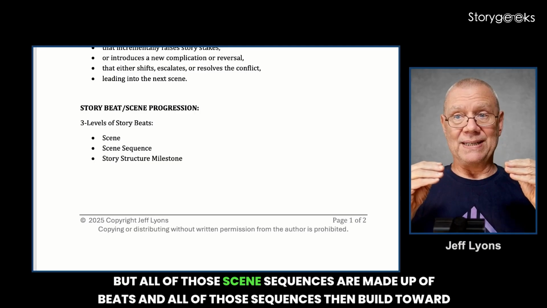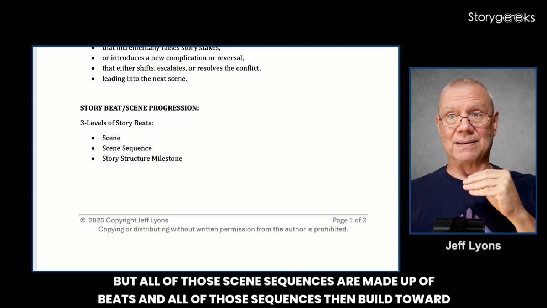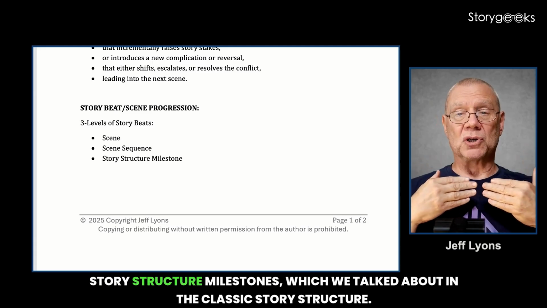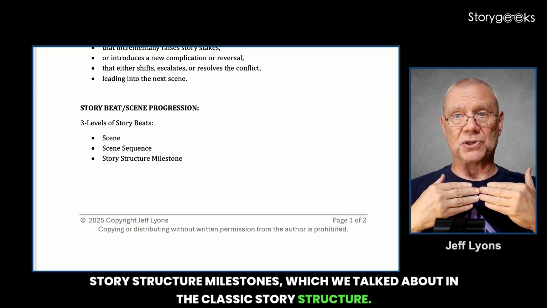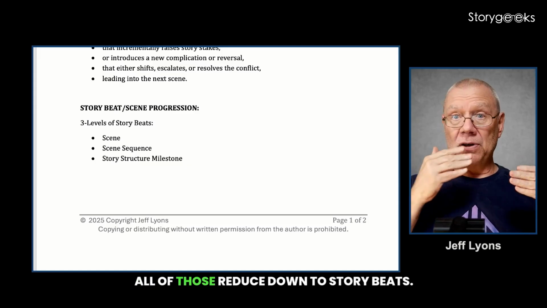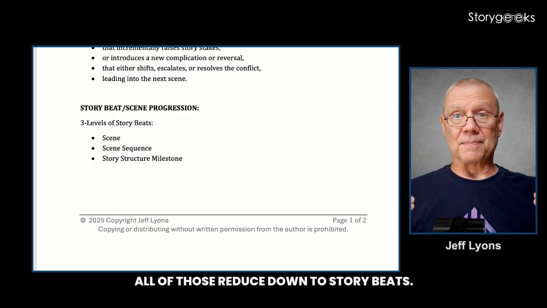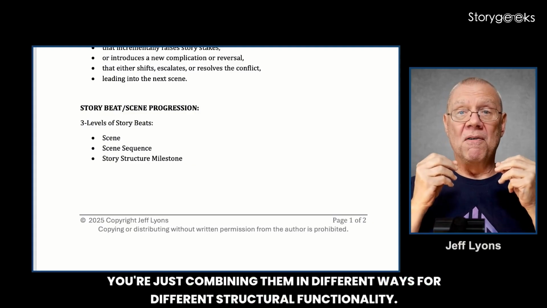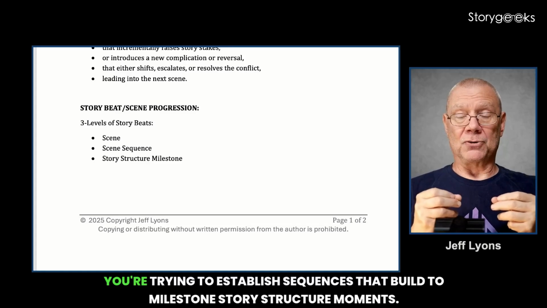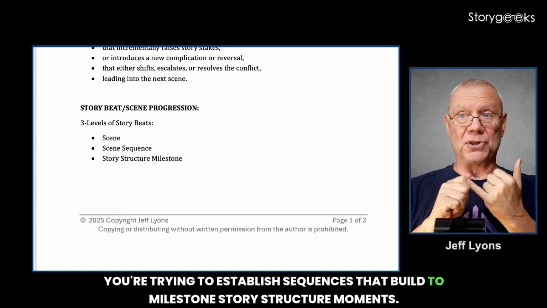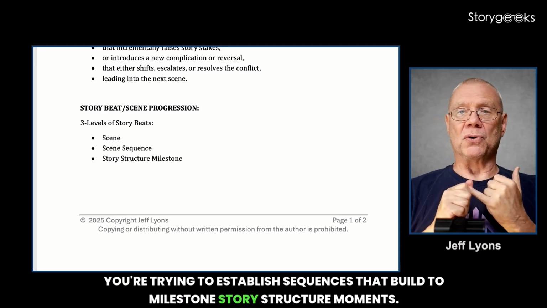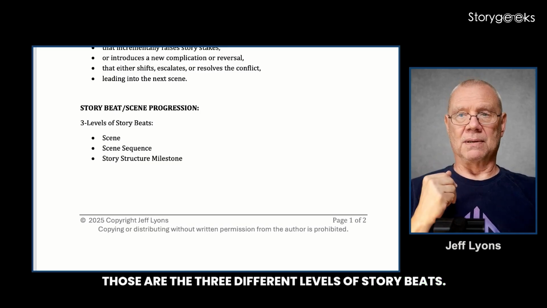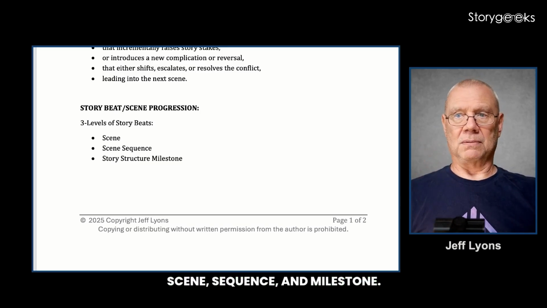But all of those scene sequences are made up of beats, and all of those sequences then build toward story structure milestones, which we talked about in the classic story structure. All of those reduce down to story beats. You're just combining them in different ways for different structural functionality. You're trying to establish sequences that build to milestone story structure moments. Those are the three different levels of story beats: scene, sequence, and milestone.